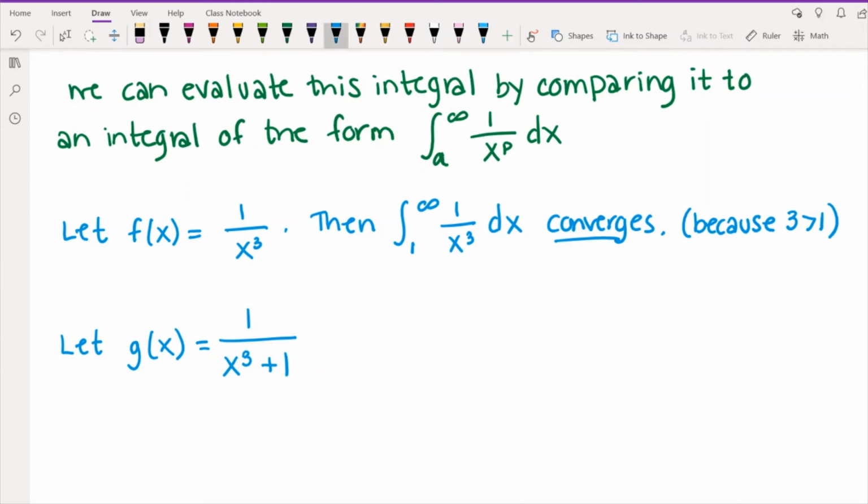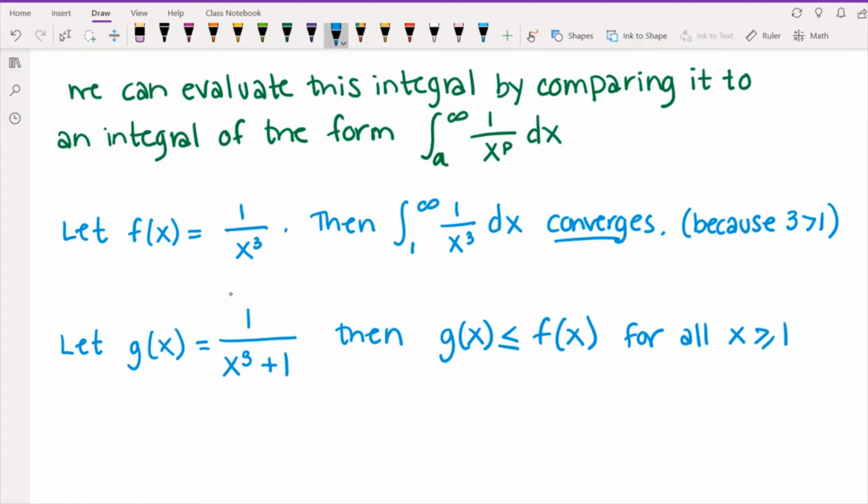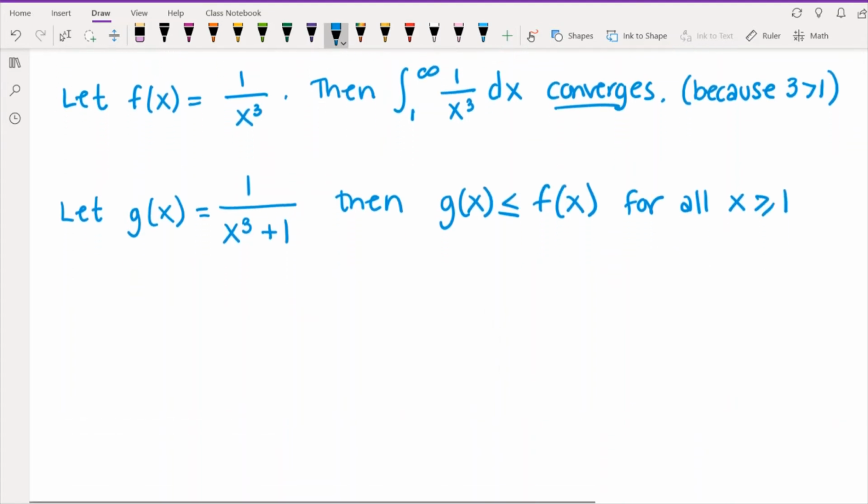So what does that mean? That means that our function g of x is less than or equal to our function f of x for all x greater than or equal to 1. And so what can we conclude from this?